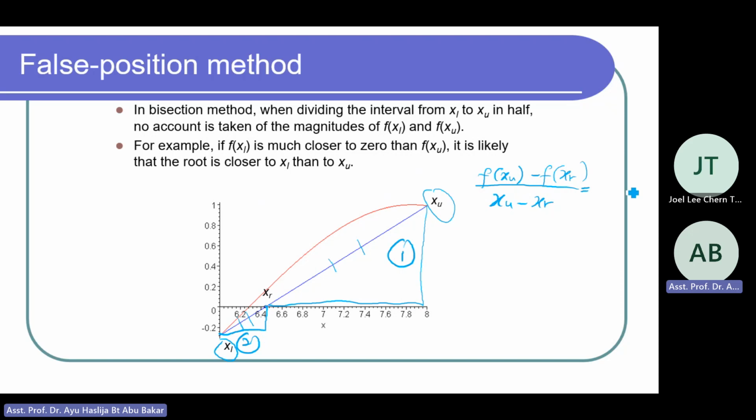So the assumption is FXL minus FXR, the assumption is that gradient 1 is similar to gradient 2. That is the assumption for false position.